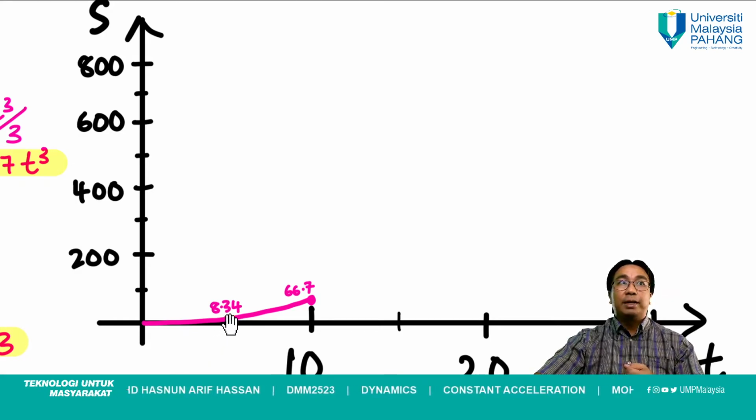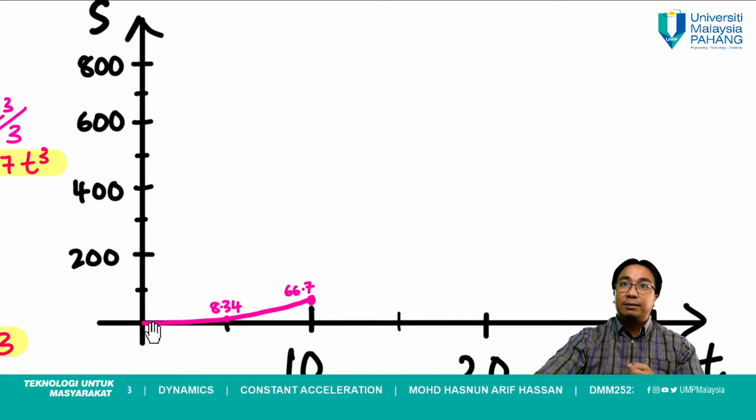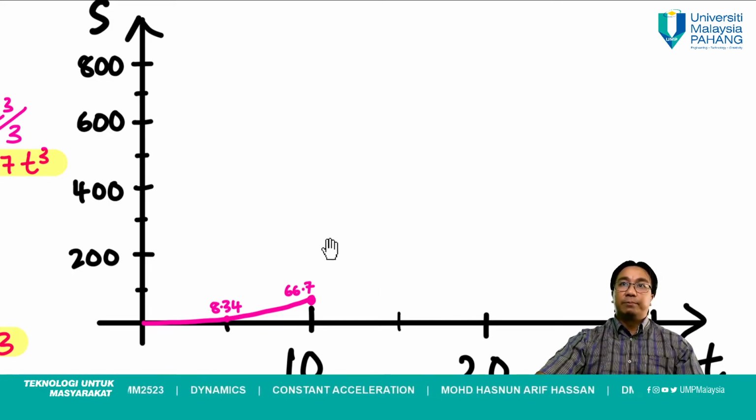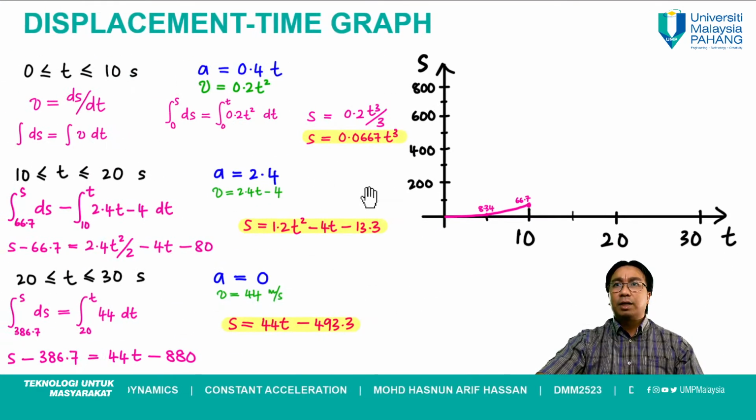So saya dapat 8.34. So graph dia tadi kan kita dah tahu dia curve. So you can estimate graph dia nampak macam ni lah, sedikit curvy daripada 0, pergi kepada 5, 8.34, and then in the end is 10, 66.7. So this will be the graph.